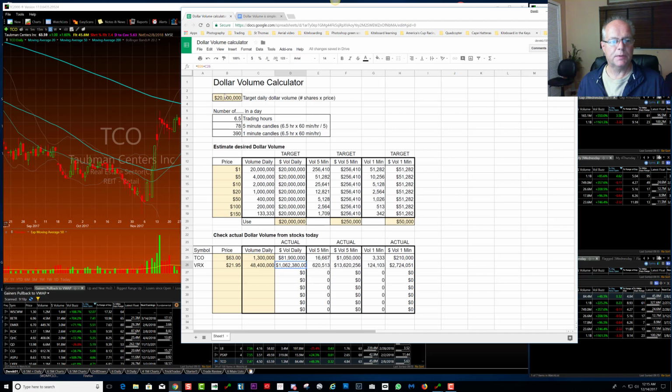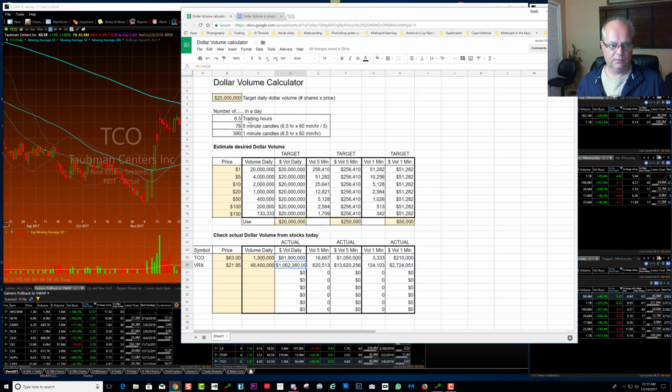I did this little spreadsheet here. If we assume a $20 million target daily dollar volume, and that's what I've been using lately, though I fluctuate between 10 million and 20 million, I'm still homing in.